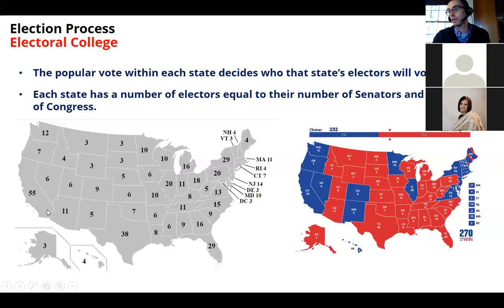Now, if you live in Montana, I always pick on these states out west that have 3 electoral college votes. North Dakota, South Dakota, Wyoming, Montana. There's just not a lot of people out there. So they have 2 senators and 1 representative in the House of Representatives. So that means there's 3. They only get 3 electoral college votes.